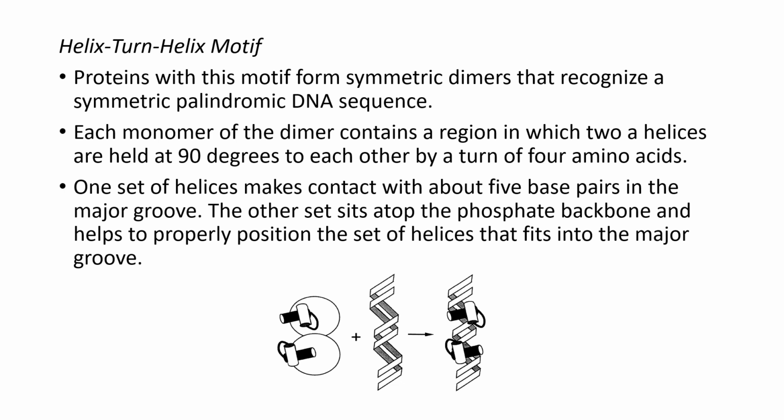If you can see here in the diagram, the alpha helix is holding two cylindrical structures. One is black in color and the other is white, and these cylindrical structures are the monomers of the helix turn helix motif.